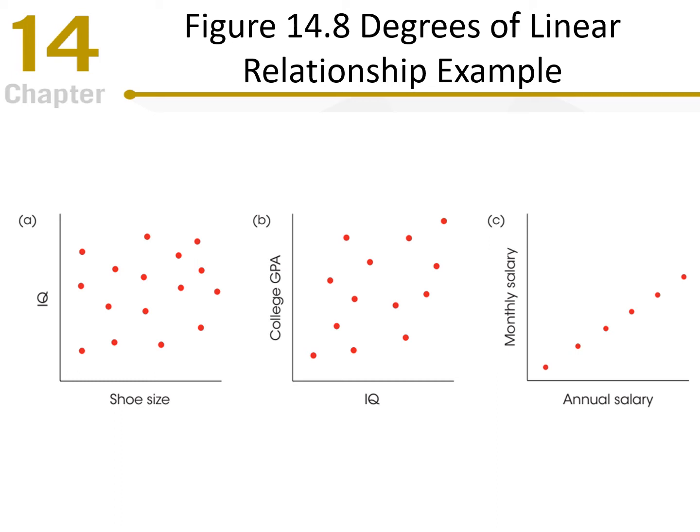And if I look at annual salary and monthly salary, it's a perfect relationship. It's perfect and positive. But it's also meaningless, right? Knowing your monthly salary is going to tell you your annual salary, but it doesn't give us any information, right? So it's a perfect relationship here, but it's redundant.